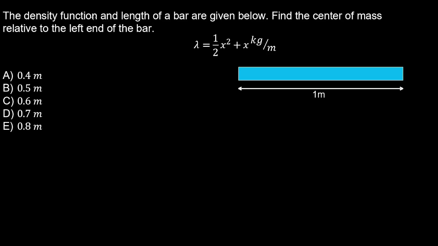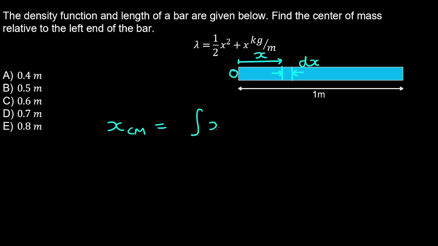The density function and length of a bar are given below. Find the center of mass relative to the left end of the bar. So that's equal to the integral of the distance to some element of the bar, which has an infinitesimal thickness dx.